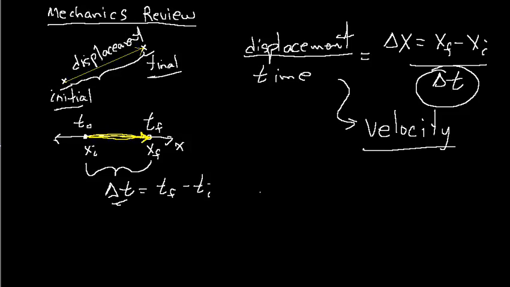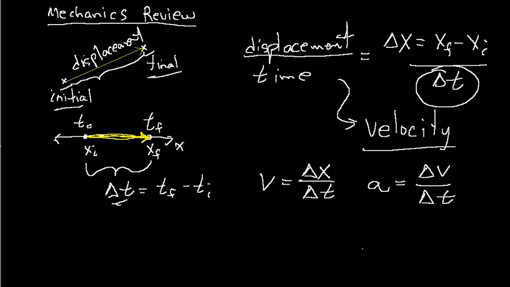The next concept that flows logically is the concept of acceleration. So if velocity is the displacement over time, or the rate of change of displacement, then acceleration is the rate of change of velocity.